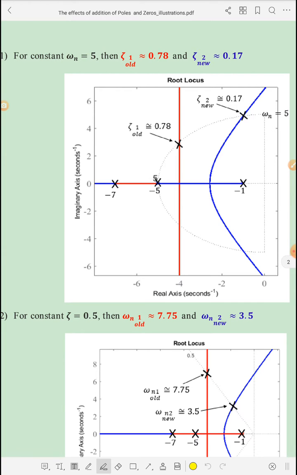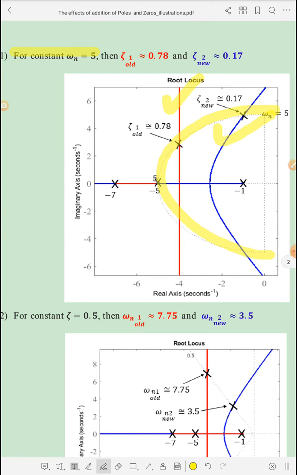So as I have previously mentioned, this is the old root locus. This is the new root locus after the addition of the pole. So if we assume that we have a constant omega n, as I mentioned in the previous chapter, it is a circle with a certain radius.